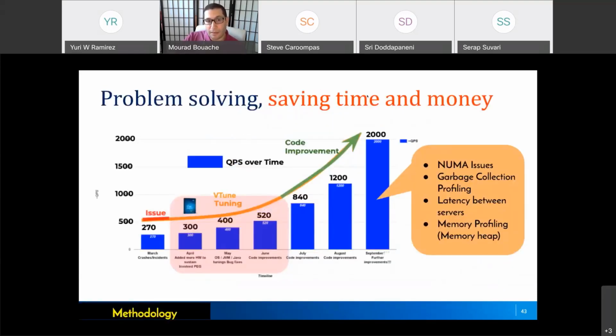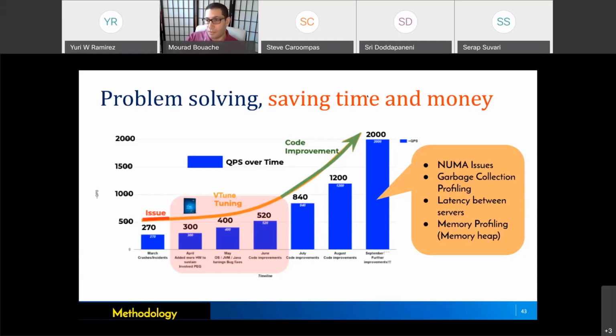This is one of the problem-solving cases that saved a lot of money and time, where we started from an issue of a QPS of 270, and through VTune profiling with tuning and code improvements or modifications, we could get almost 10x, 10 times the performance that we had at the beginning, with a stable latency.